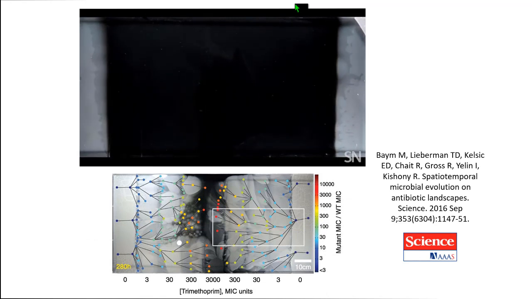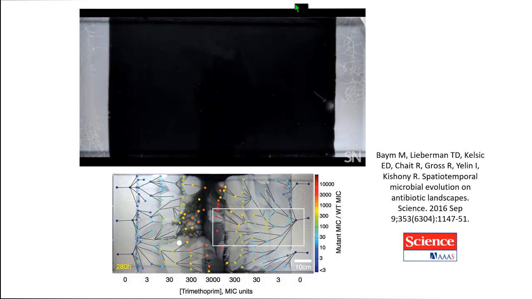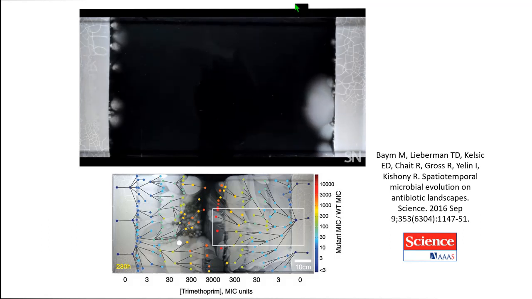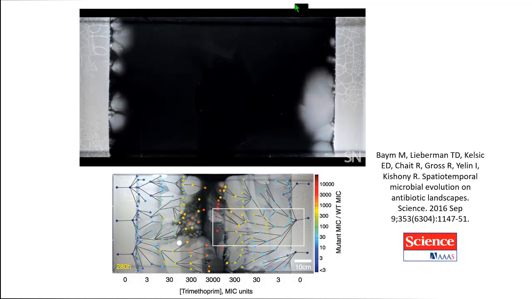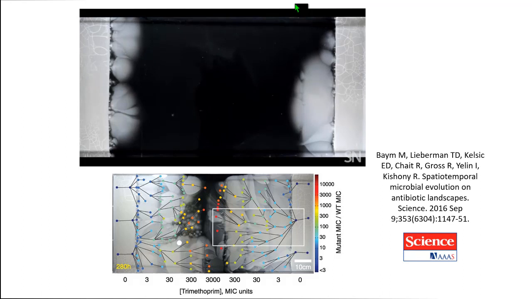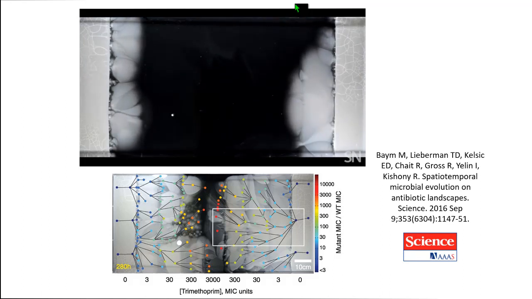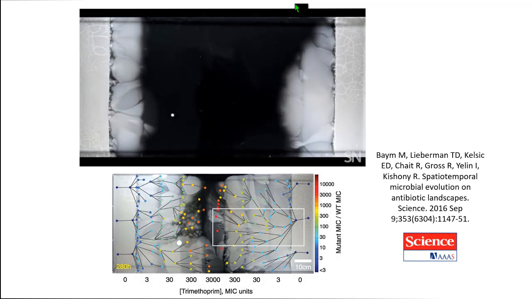First, you see they spread in the area where there's no antibiotic, up until the point they can no longer survive. Then a mutant appears on the right. It's resistant to the antibiotic, it spreads, until it starts to compete with other mutants around it. When these mutants hit the next boundary, they too have to pause and develop new mutations to make it into 10 times as much antibiotic.